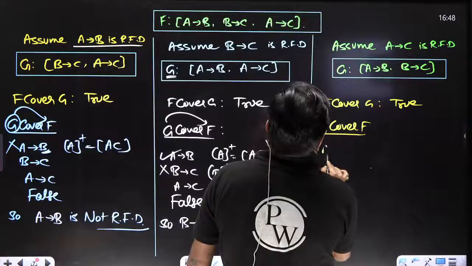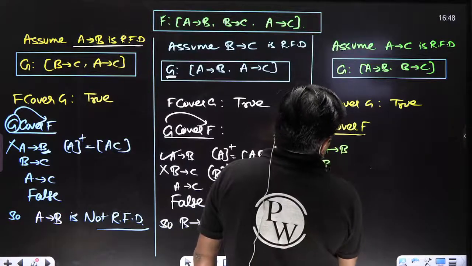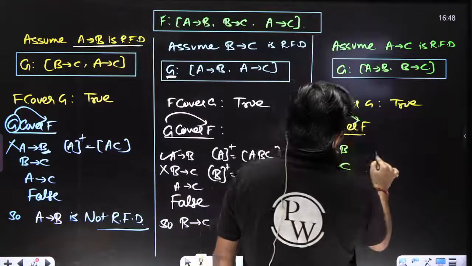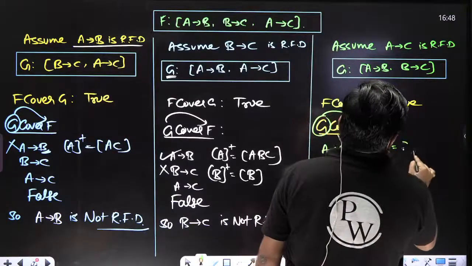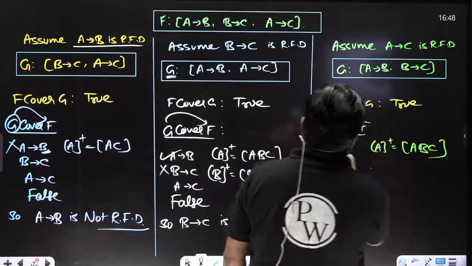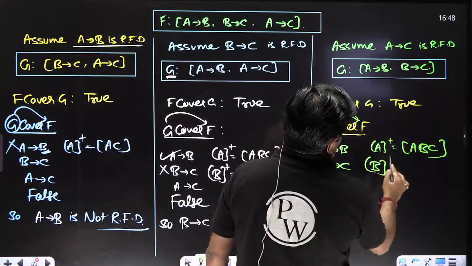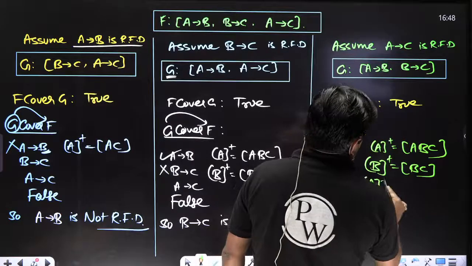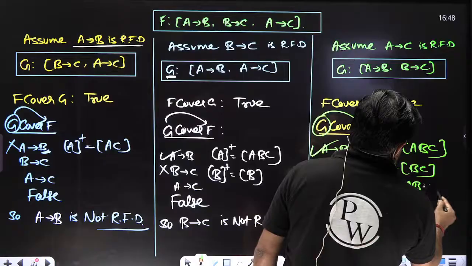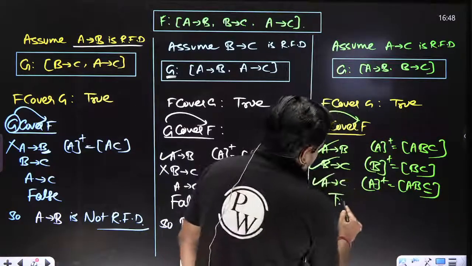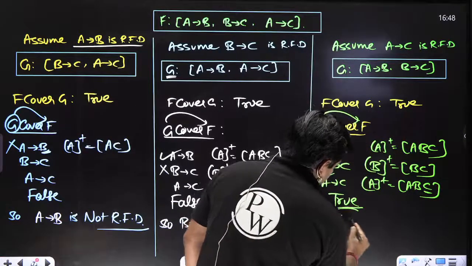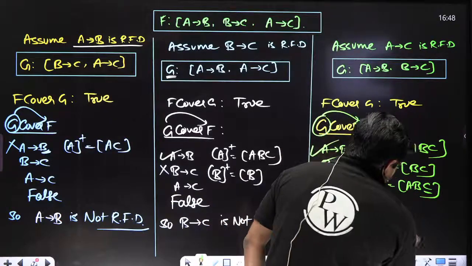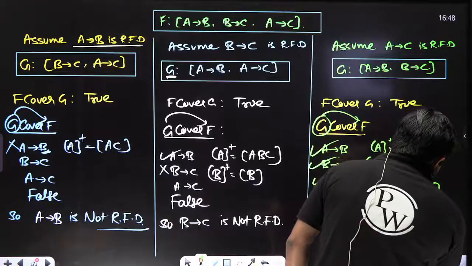Write down the FDs: A to B, B to C and A to C. And check in G. When you take the closure of A, what are we getting? A, B, C. Yes, true. When we take the closure of B, what are we getting? B, C. Yes, true. When we take the closure of A, A, B, C. Yes, true. F covers G true, G covers F true, means F is equivalent to G. So you can declare A tends to C is a redundant FD, my dear.